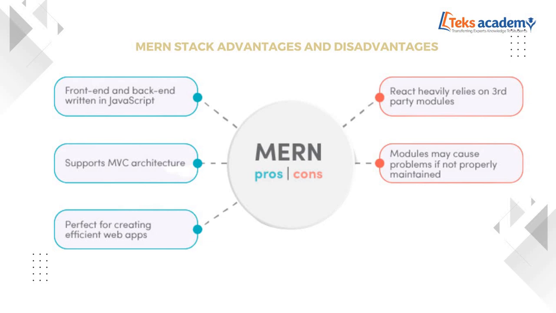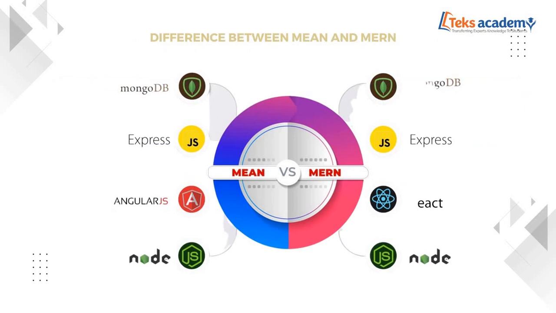Every type of programming language has advantages and disadvantages. So coming to the disadvantages part, React heavily relies on third-party modules. If we use them in the right way, there is no problem, but the modules may cause problems if they are not properly maintained. So that is the disadvantage of JavaScript with full stack.